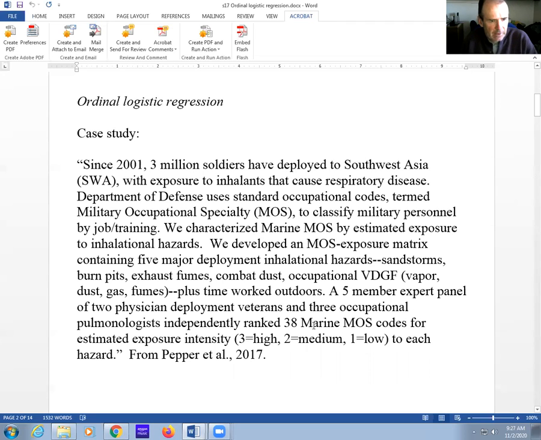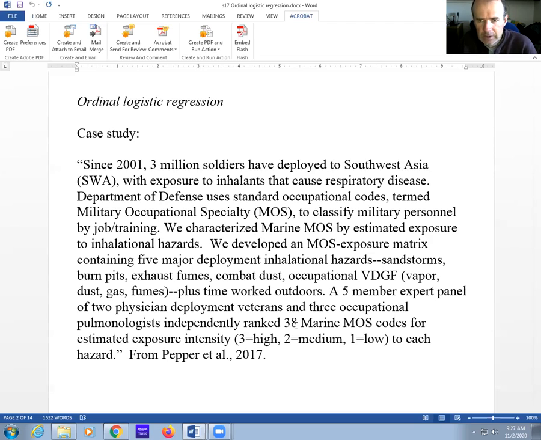There are different job functions that people that are deployed have. Some are in infantry and some have more administrative types of jobs. So there's a wide range of job types that people have when they're deployed. And there are actually 38 classes, and we're just trying to understand for these different classes what exposure we assume that they have.